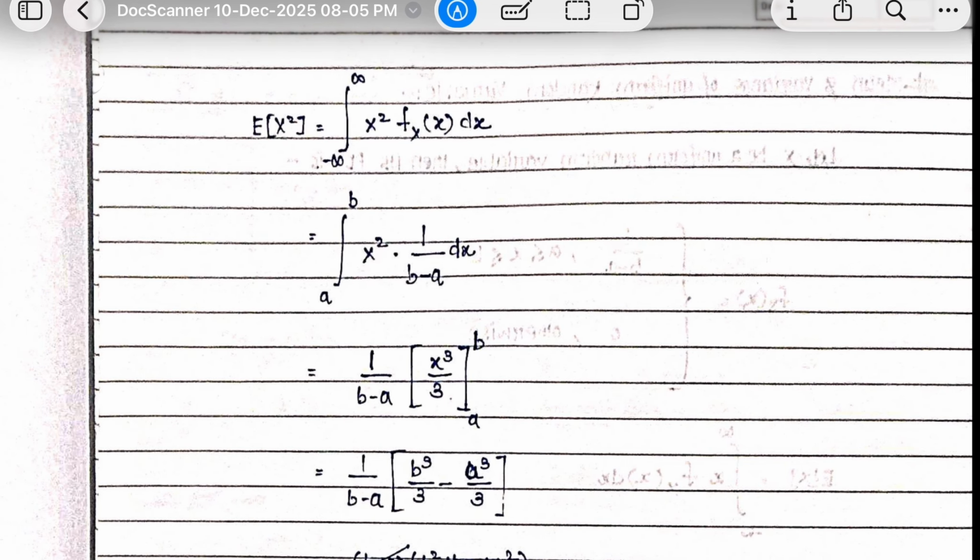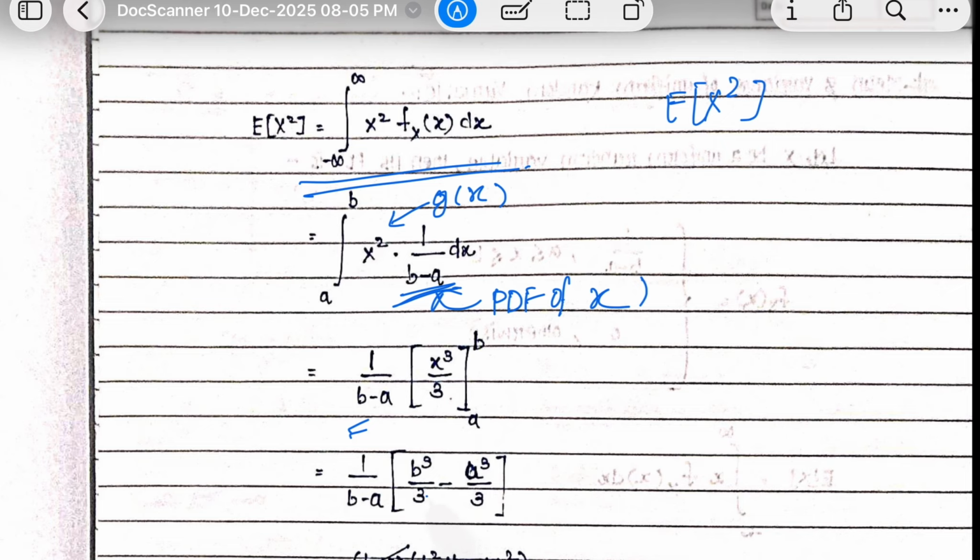For variance, we need to find the expectation of x square. So integration from minus infinity to infinity, x square f of x dx. I have put here the value of g of x, then the PDF of x. It gives 1 by b minus a as a constant taken out. It continues with x cubed by 3 from a to b.